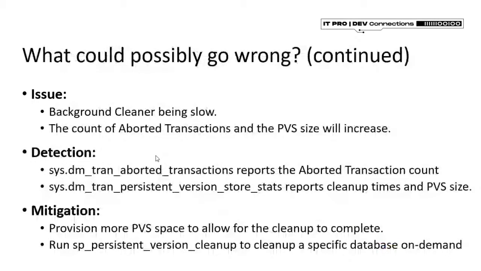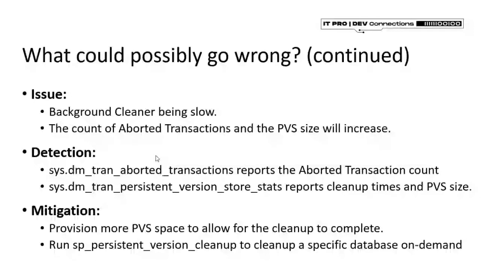The next problem that we've seen is that the background cleanup process for a very large database can run slowly. It can take multiple hours and happen once a day, but during this time we will again see PVS size as well as aborted transaction size accumulating. We've done a lot of optimization in this space to allow the cleaner to run faster, but also clean up more aggressively.